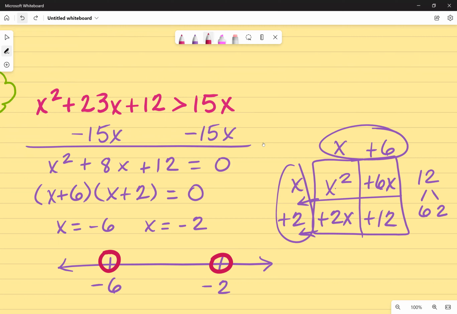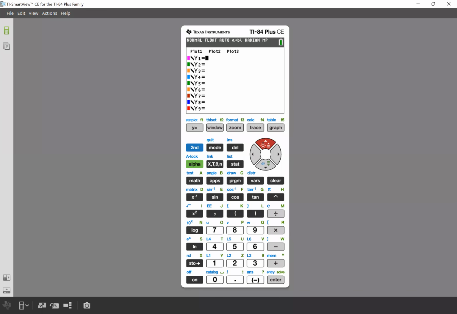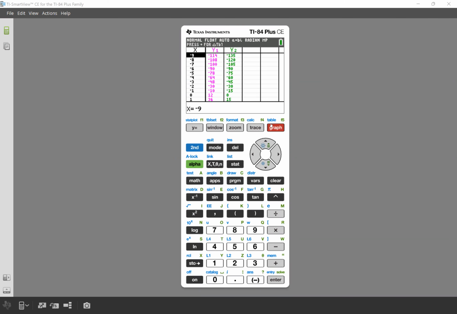So just go ahead and put in the table. That's the best way for me. So I am typing in x squared plus 8x plus 12 for my y sub 1. Y sub 2 is what's on the opposite side of your inequality. And then I go to my table and I'm just testing it.